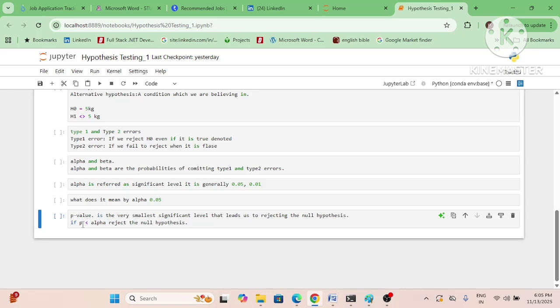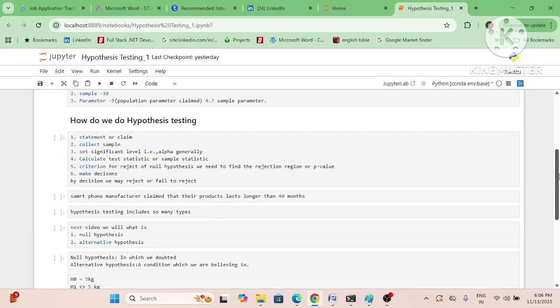Even if our alpha is 0.05, but the p-value is less than that 0.05, we may reject the null hypothesis. So that is the meaning of p-value. It is used to reject or fail to reject the null hypothesis. That means it is a probability of happening.